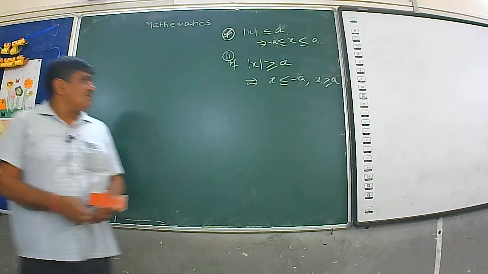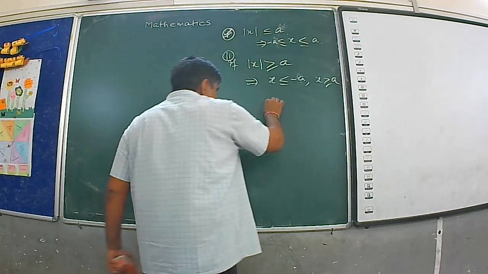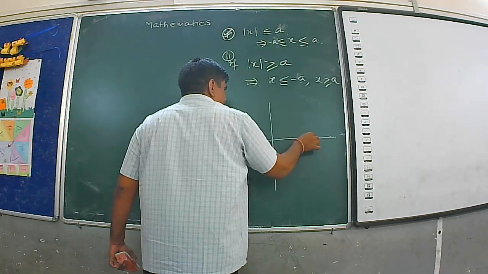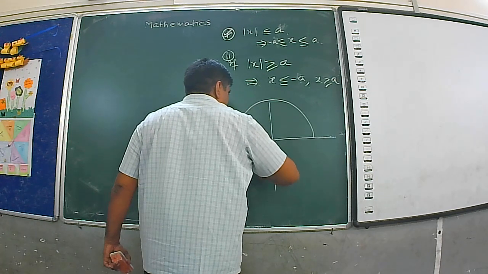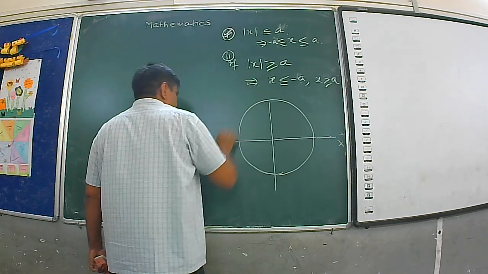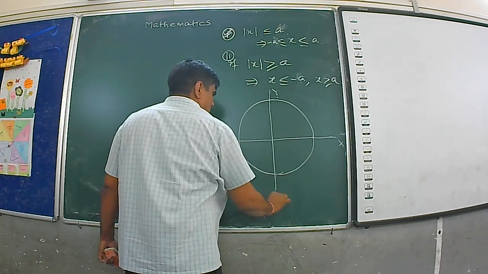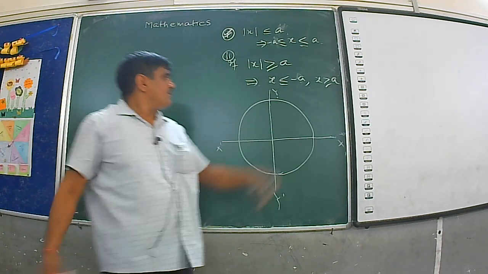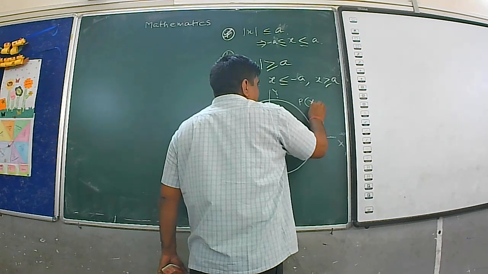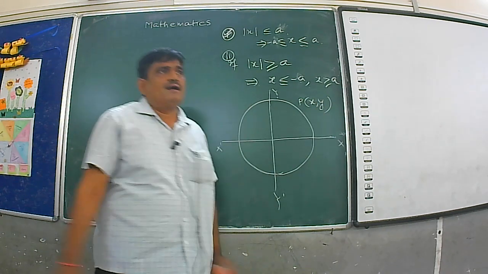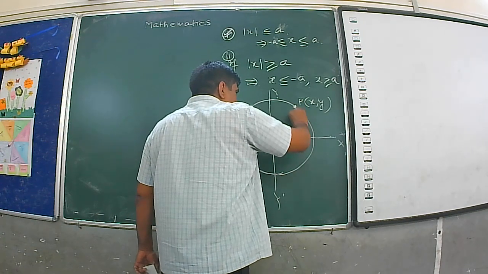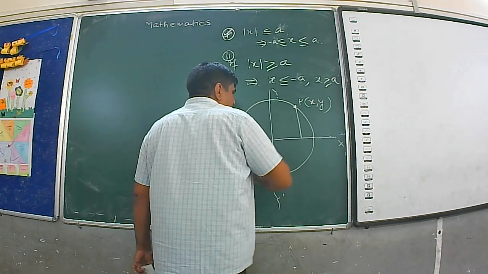Now we take a circle in a 2-dimensional plane. We take a point P on the circle whose coordinates are x comma y, and draw a perpendicular line from P on OX.